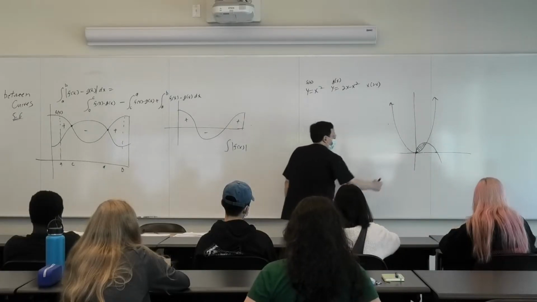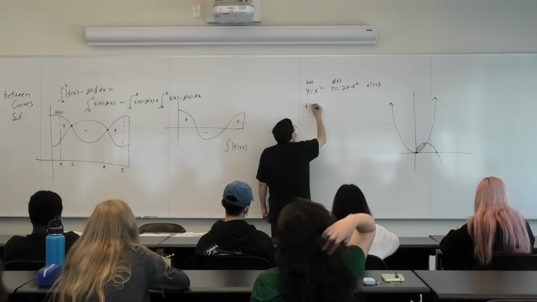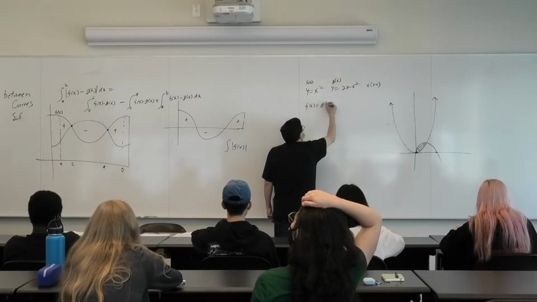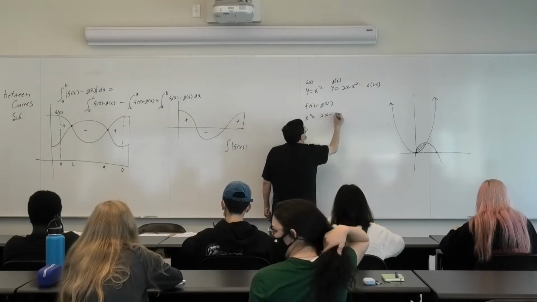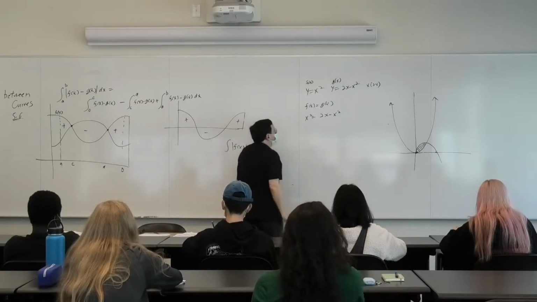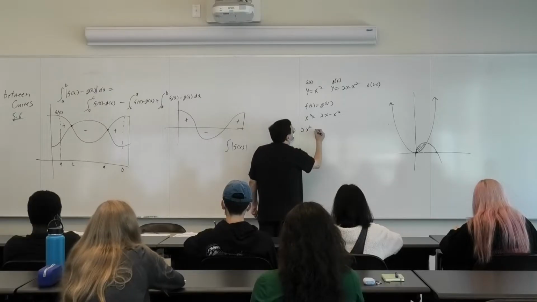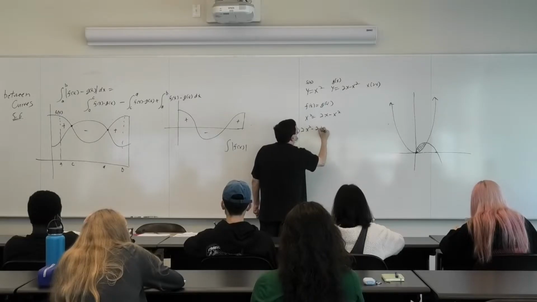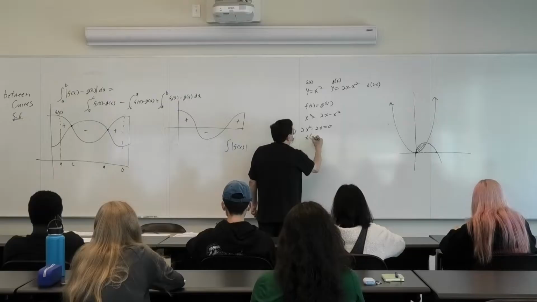Well, to find these two points, we can set f of x equal to g of x, or x squared equals 2x minus x squared. So we end up with 2x squared minus 2x equals 0, or 2x times x minus 1 equals 0.